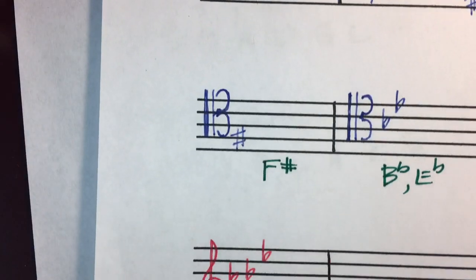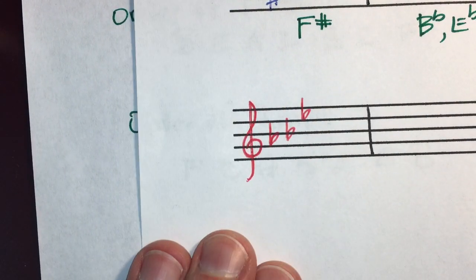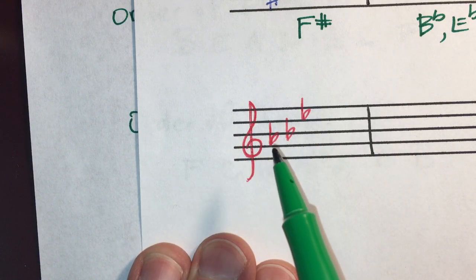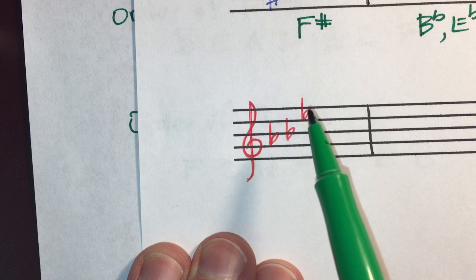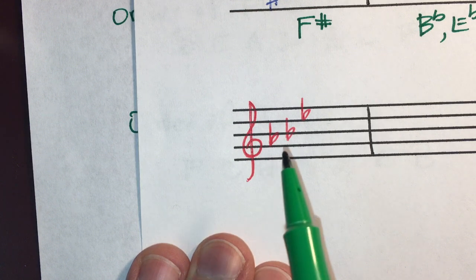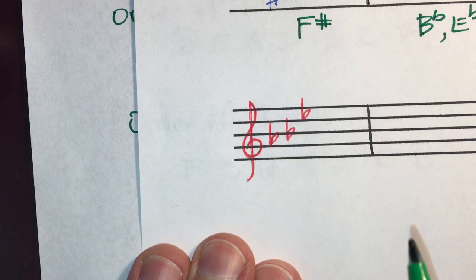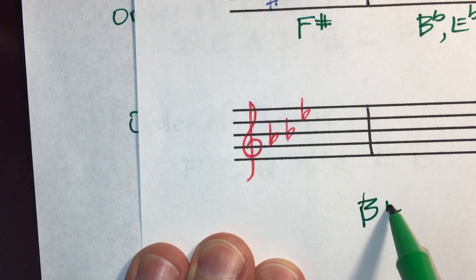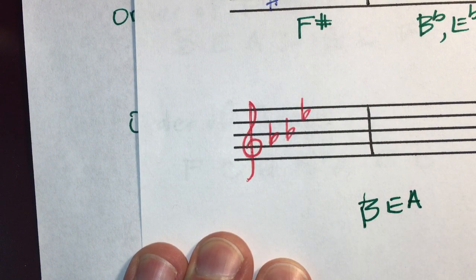A few more examples. What's wrong with this example here? I have three flats, one on A flat, one on B flat, one on E flat. The order of flats is B, E, A, D, G, C, F. If I have three flats in my key signature, then I need to have B, E, and A in my key signature.